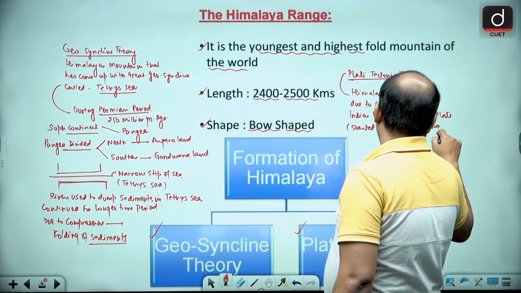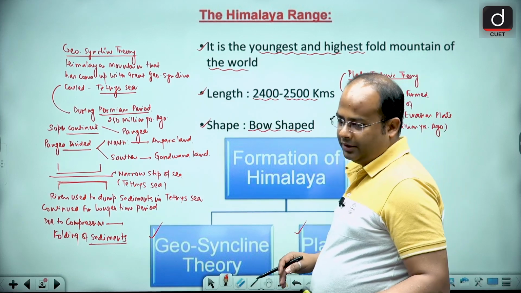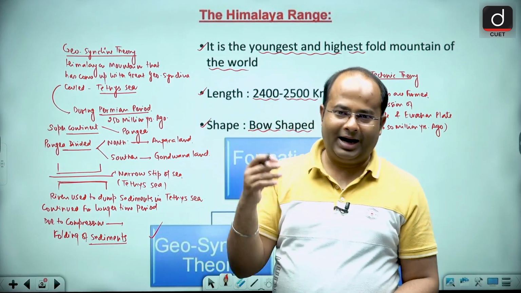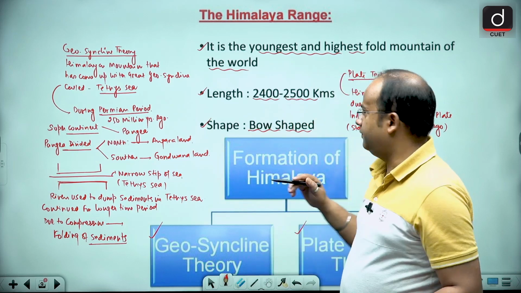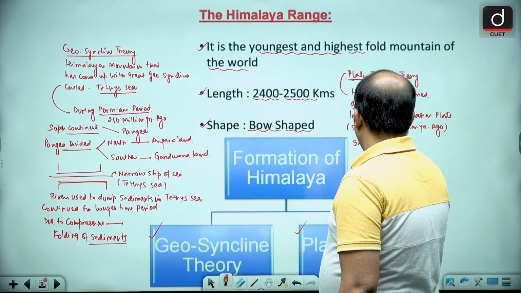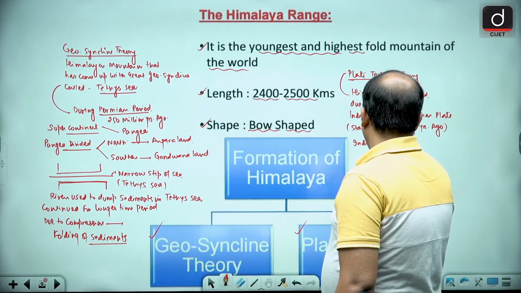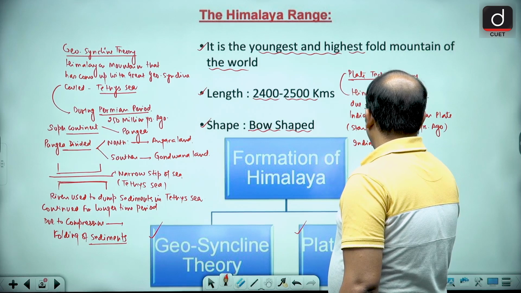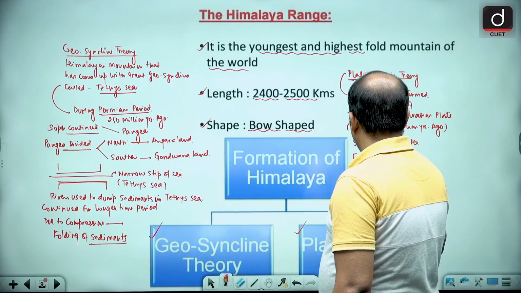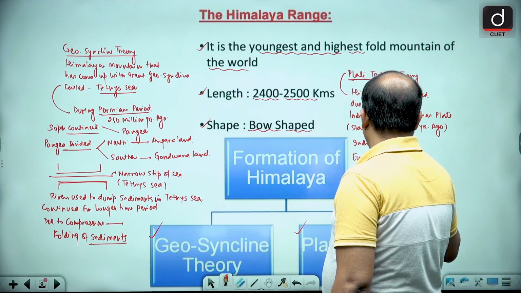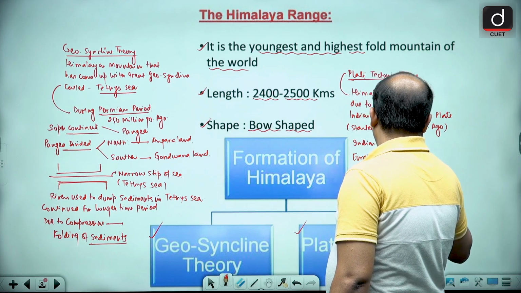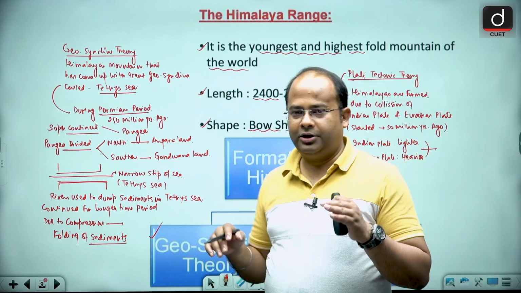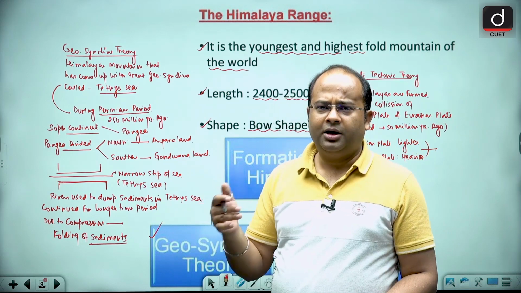Since the Indian plate was lighter and the Eurasian plate was heavier, the Eurasian plate subducted under the Indian plate.